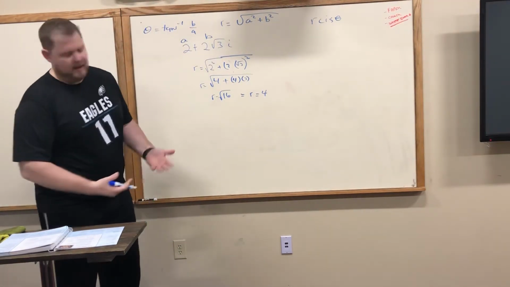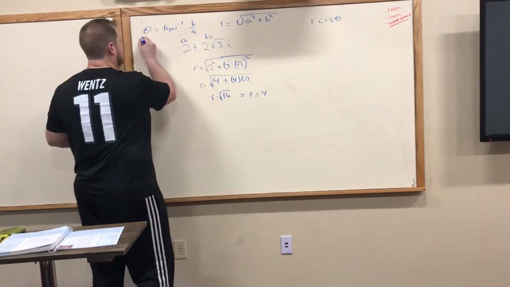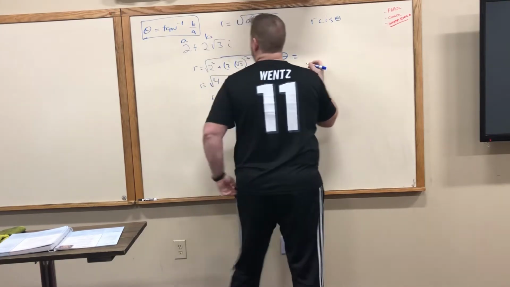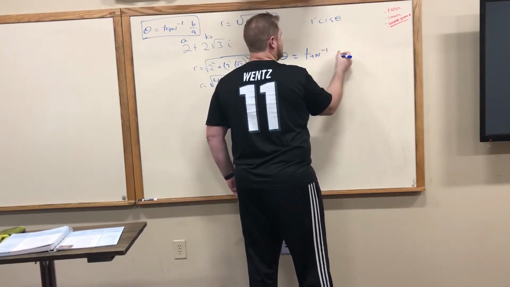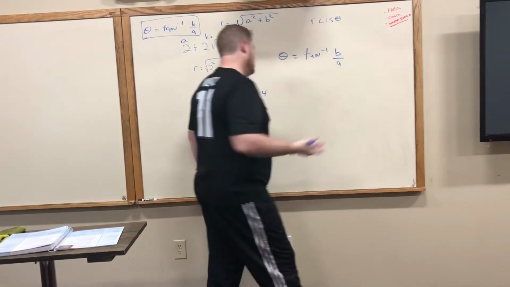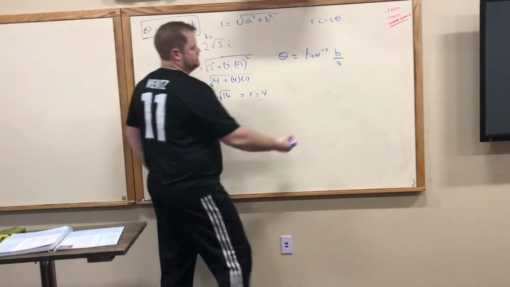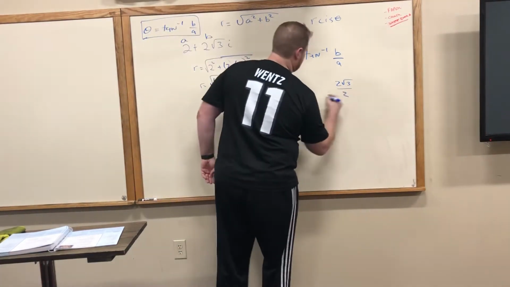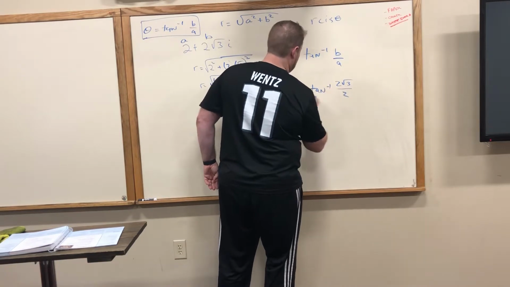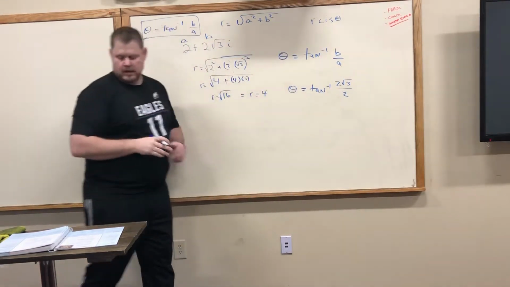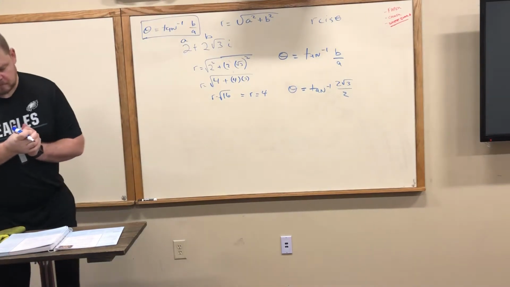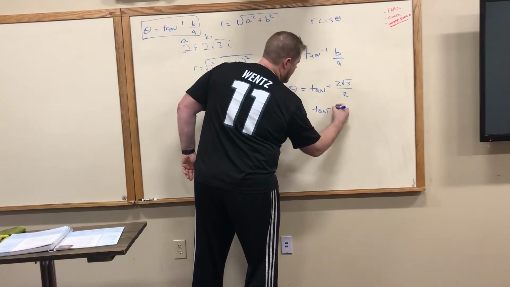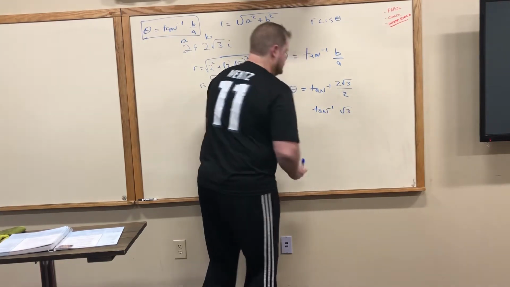Now, how do we find theta? Well, here's our theta. Our equation, theta equals tangent inverse of b over a. So, class, what's b? B is 2 square root of 3 over 2. So, any questions on that so far? Good. Right, so tangent inverse is really going to be square root of 3.